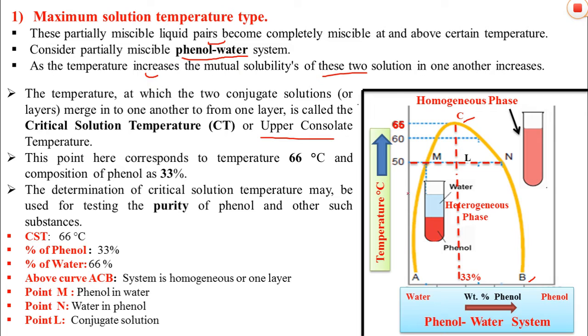Under this curve, the two liquid solutions remain in two layers, meaning they show heterogeneous properties, and above this curve the liquid becomes homogeneous at all compositions, which is seen in this picture.